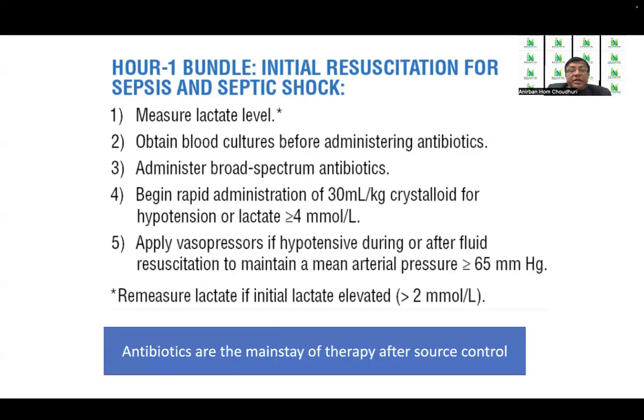Now, the very important thing to understand here is that after source control, the antibiotics are the mainstay of definitive therapy for curing sepsis. So, if we have to understand the antibiotics and their appropriateness in use during sepsis, we also need to understand some of the basic characteristics of antibiotic usage, and that is the PK/PD.